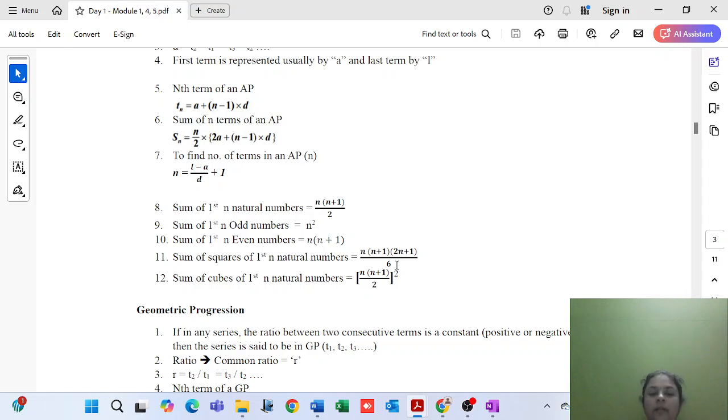Say 1 square, 2 square, 3 square, 4 square, those are squares. Similarly 1 cube, 2 cube, 3 cube, 4 cube, if they ask like that, then the sum of cubes is given as n into n plus 1 divided by 2, the whole square. So these are some shortcut formulas to remember for examination purposes. But so far they have not asked much of this. However, in case 1 or 2 questions come, just in case you can remember these and keep.